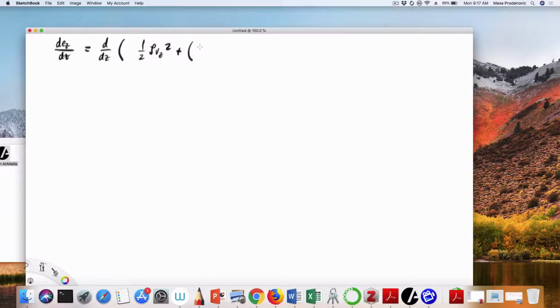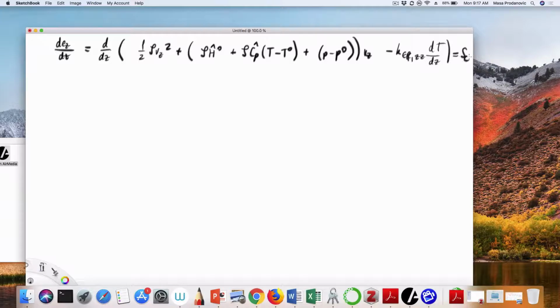Our expression was for h minus h0, so this is rho h0, the reference state, plus rho Cp (T minus T0), plus rho times 1 over rho, that's (P minus P0), times Vz. And minus that effective heat conduction term, all of that is equal to Sc.